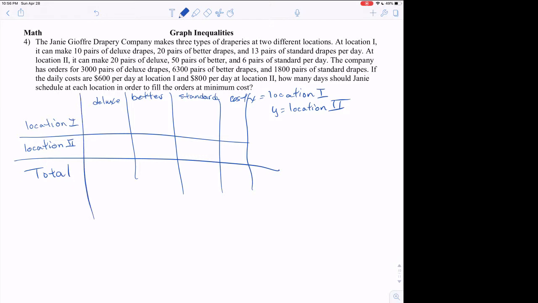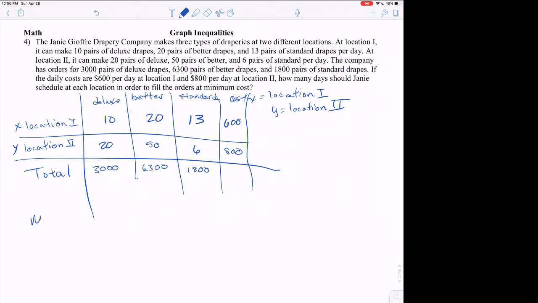So for our deluxe, and this is X and this is Y, we have 10, 20, 13, and 600. 20, 50, 6, and 800. 3,000, 6,300, and 1,800.